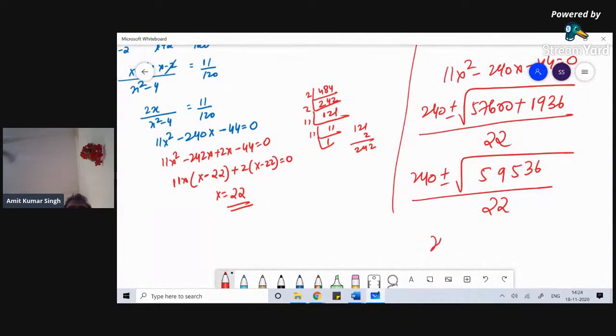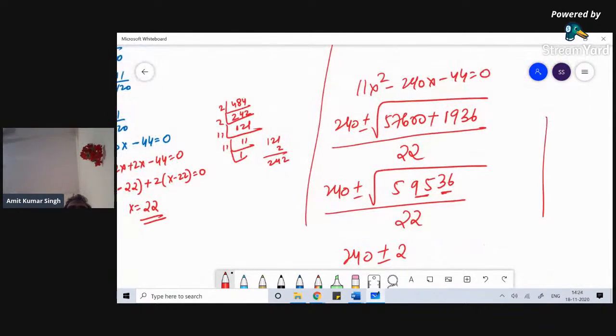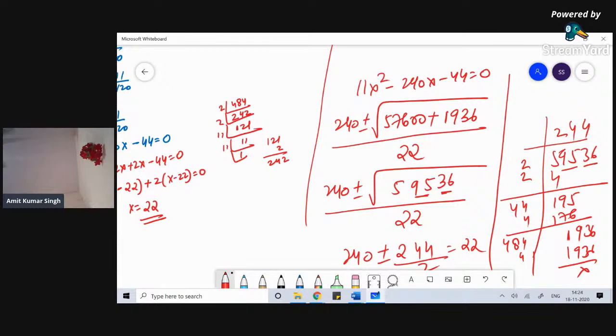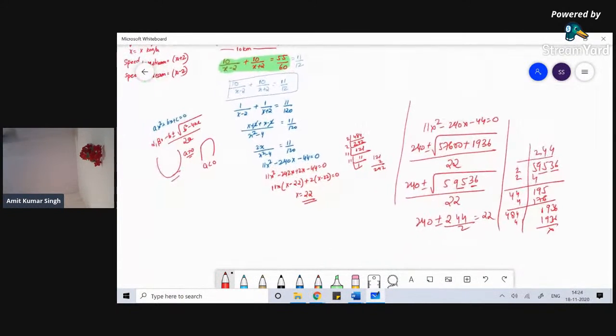Everyone knows how to find a square root. The square root is 244, so 240 plus 244 divided by 22. If you do, you will get 22 as the answer. Whichever way you solve, you'll get the same answer.